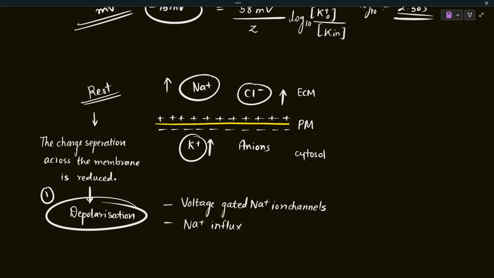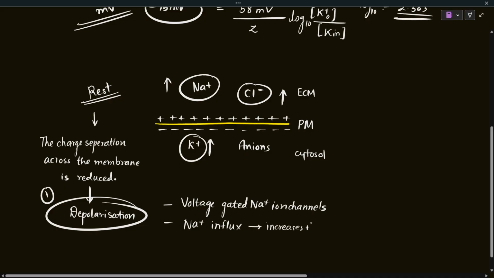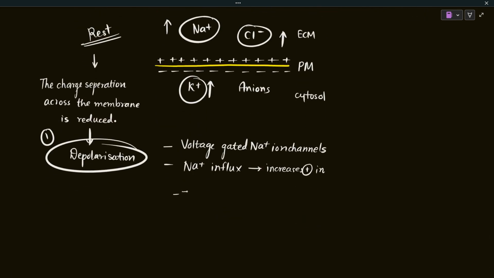As sodium is a positively charged ion, it is taken inside the cell, and the negative charge which was built up inside the plasma membrane starts decreasing. This increases the positive charge inside the cell, and that is why the membrane potential changes from minus 70 or minus 90 millivolt to, let's say here, minus 55 millivolt.